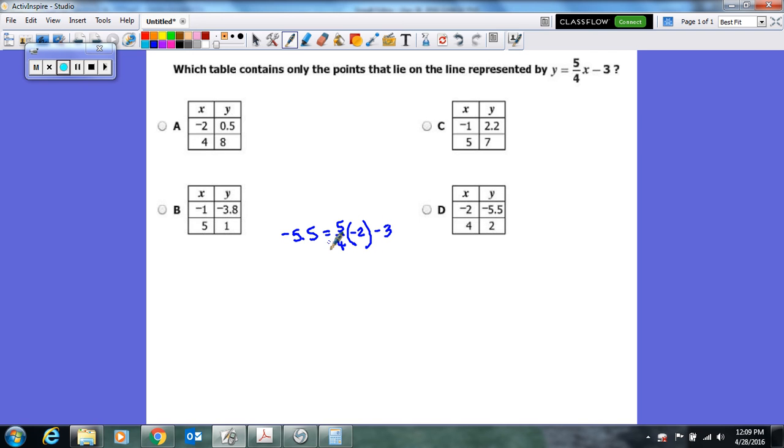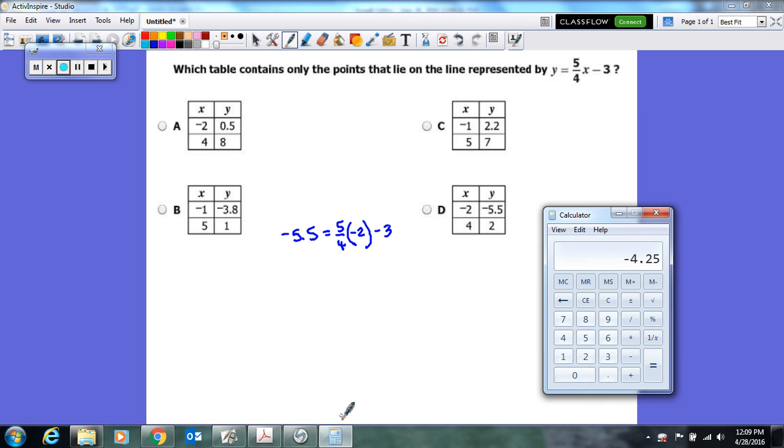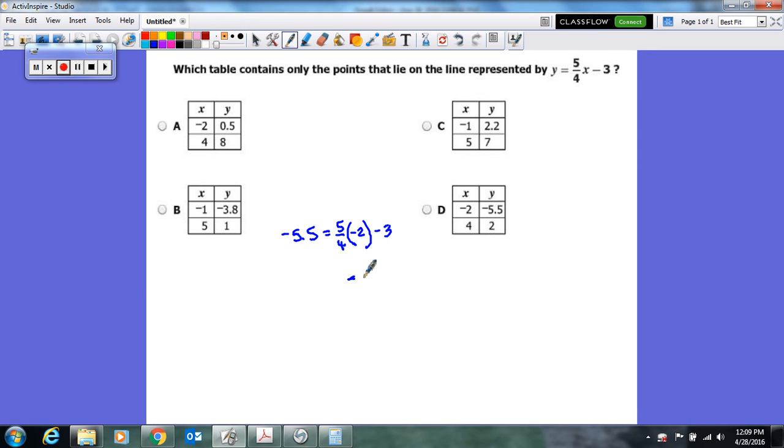So when we combine all this together using our calculator, again, 5 divided by 4 times a -2 minus 3, that does indeed give us -5.5. And that does equal, obviously, -5.5. Now you're thinking, well, I'm done. Well, you've got to check this other point, 4 and 2, to make sure this one works as well.